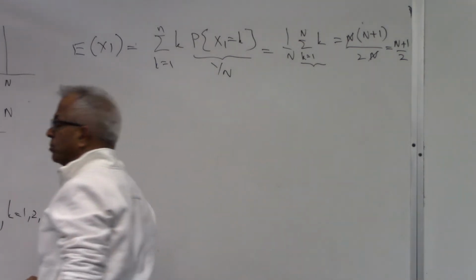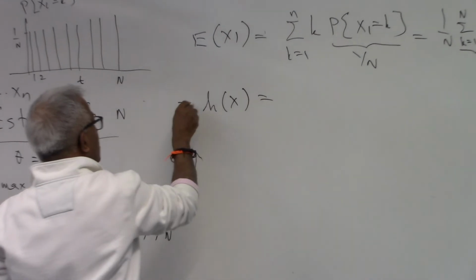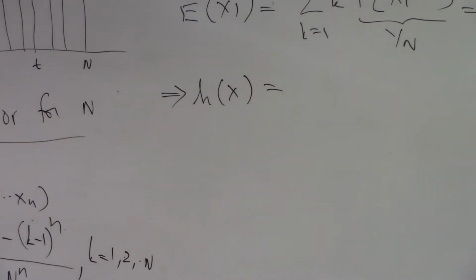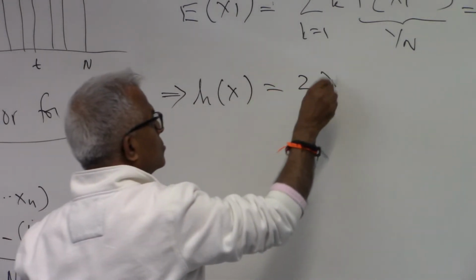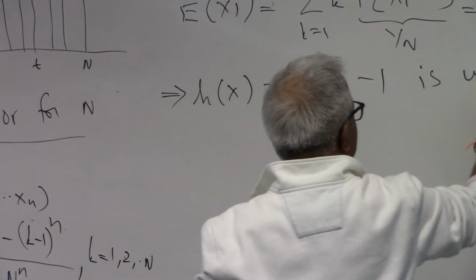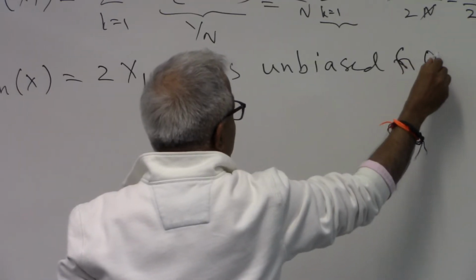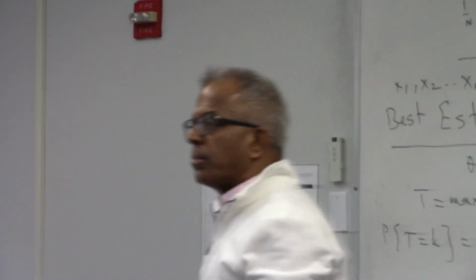Now do you have any clue what the unbiased estimator is? If you're interested in n, this is a sloppy estimator.